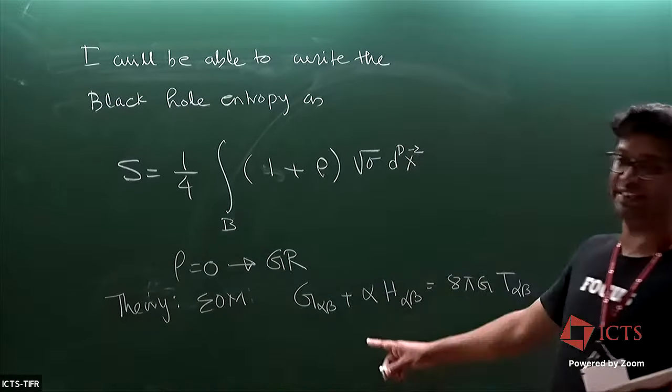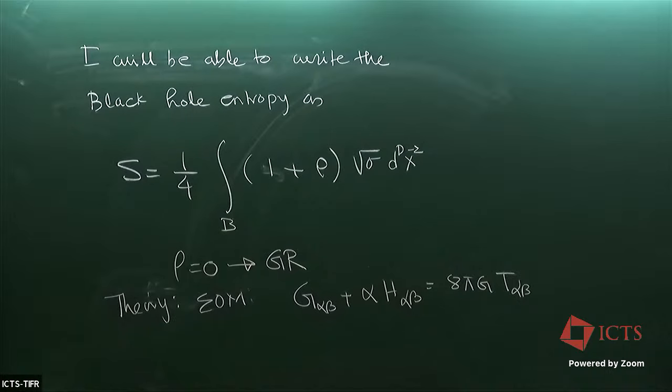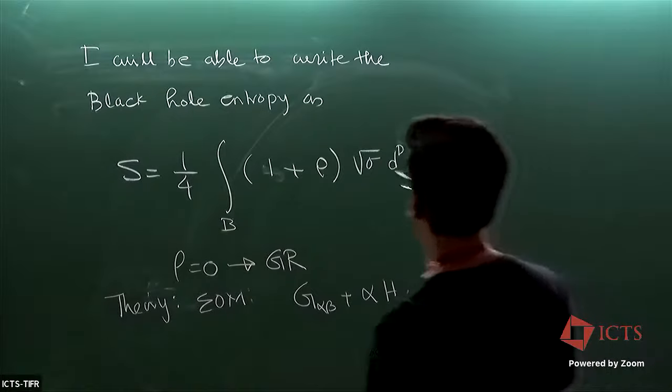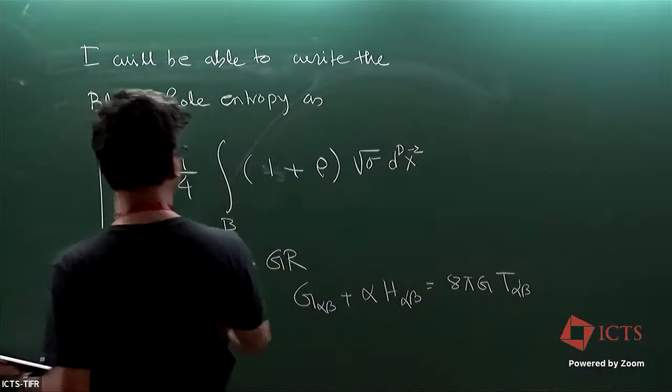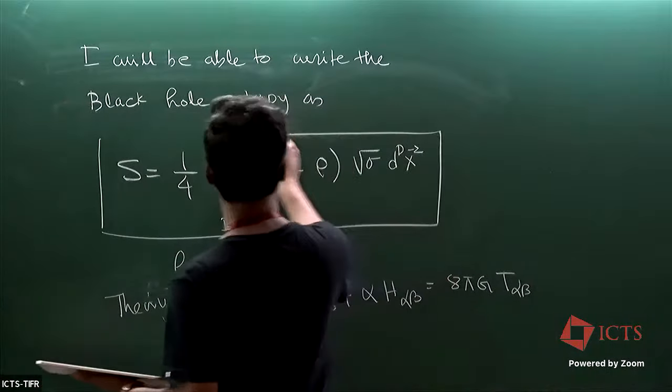In principle they could depend on higher orders in curvature, like R_{abcd} and whatnot, with similar RR kind of contractions, and alpha will have suitable dimension to take care of things. If it is R squared, alpha will have dimension of length squared, which takes care of the dimension on both sides. So this is the entropy of my theory, and this is the equation of motion.